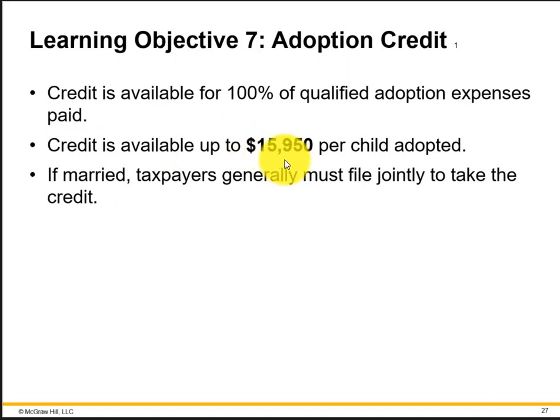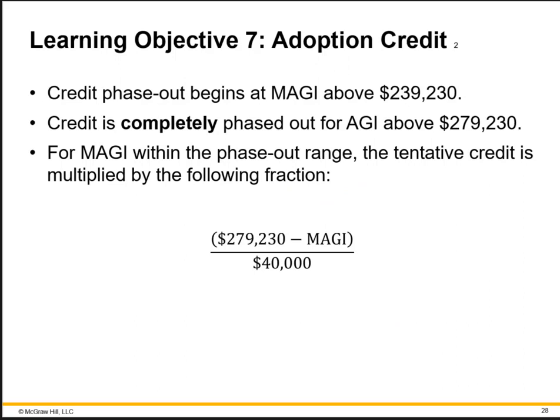The amount is $15,950 per child. So if you adopt more than one, it can be twice that if it was two. And you might file jointly to take this credit. And there is a phase out. It starts at $239,230 and is gone at $279,230, a gradual phase out.